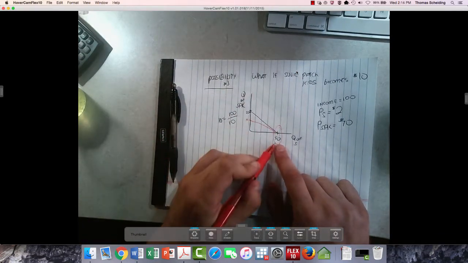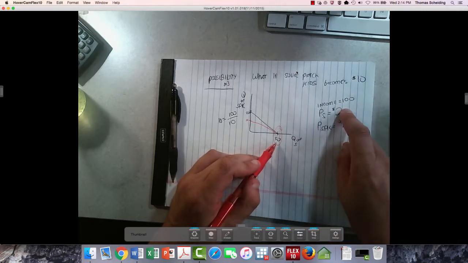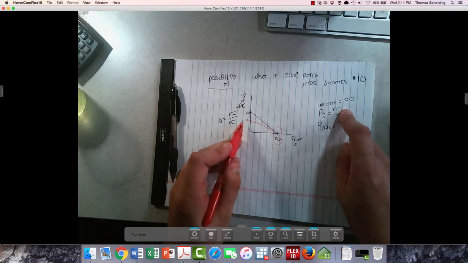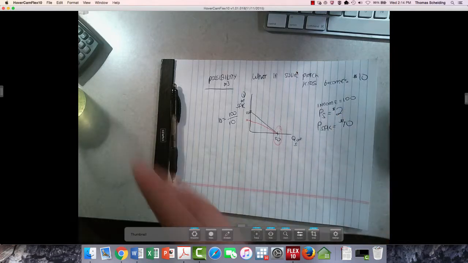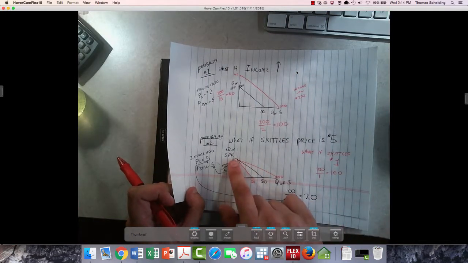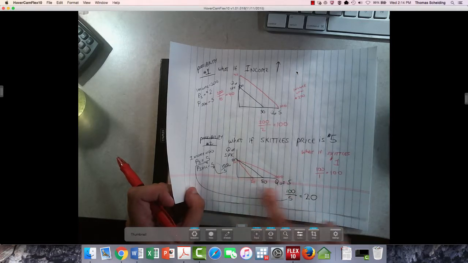This is not changing because I didn't change the income or the price of Skittles. But it pivots and now becomes more expensive. Just as over here, you saw the pivoting, but from a different perspective, where none of the elements were changing except my x-intercept.